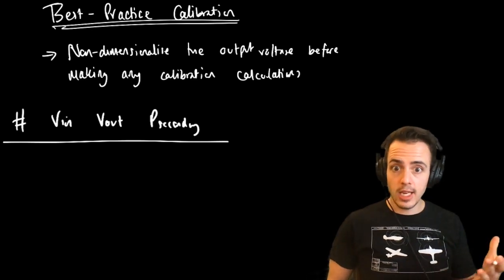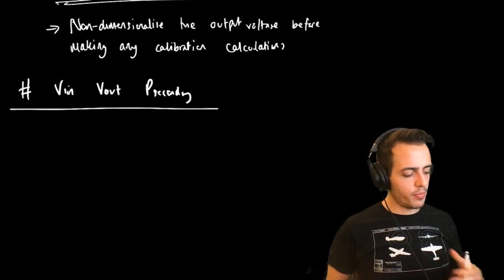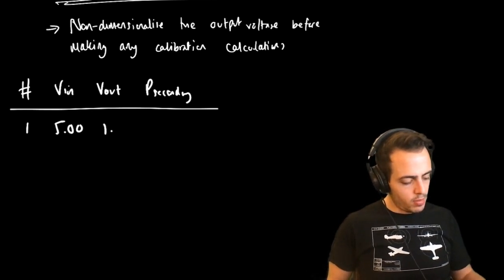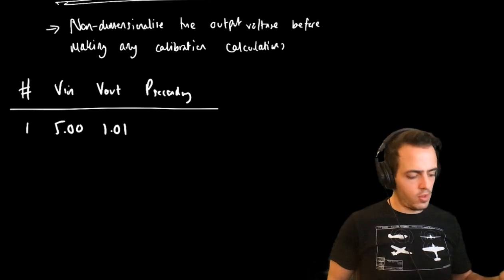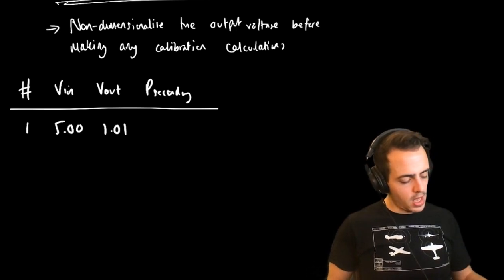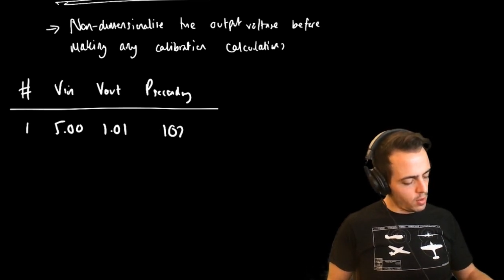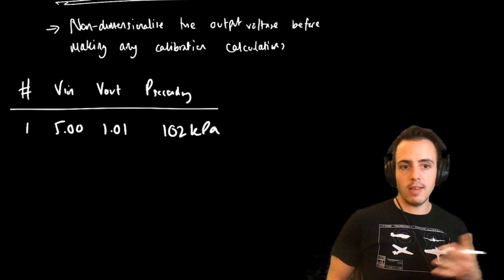So we've got to have some secondary form of pressure measurement there as well, if we were doing this sort of calibration. So our first reading, our supply voltage can be 5.00 volts. Our V out could be 1.01 volts. And the pressure reading might be, let's call this, 102 kilopascals.